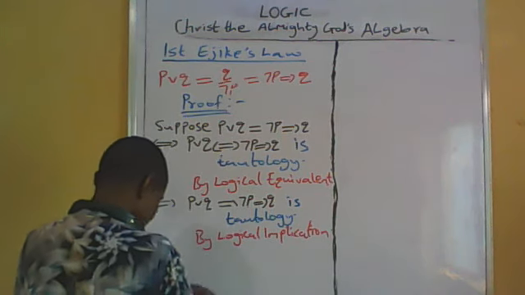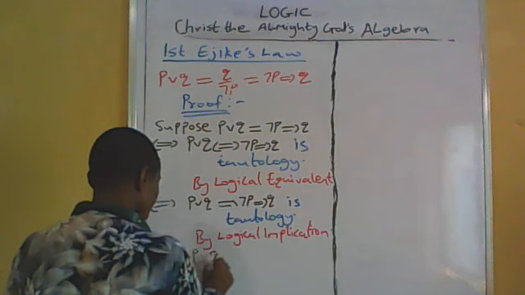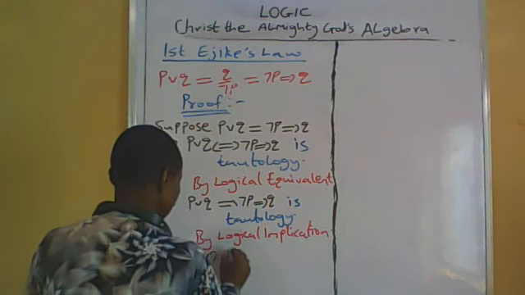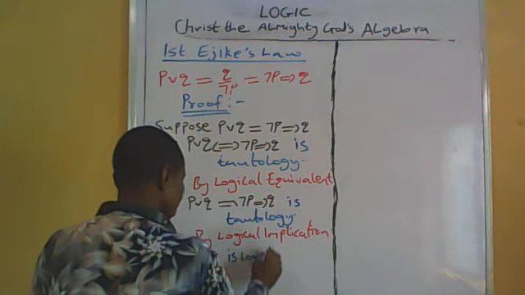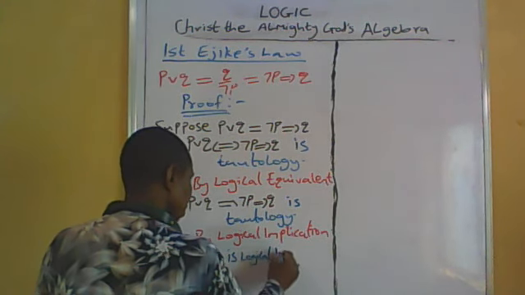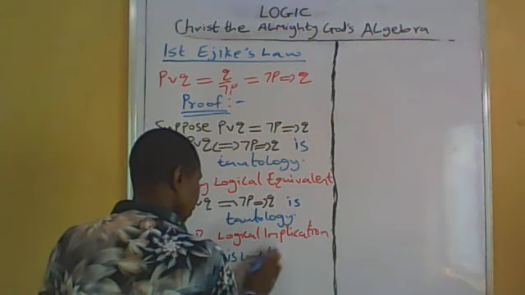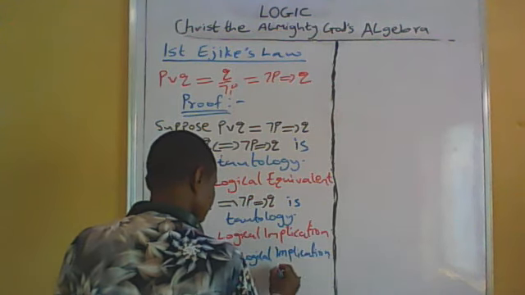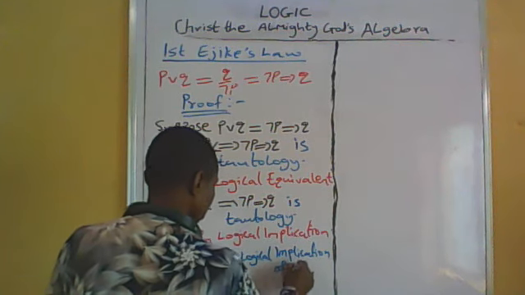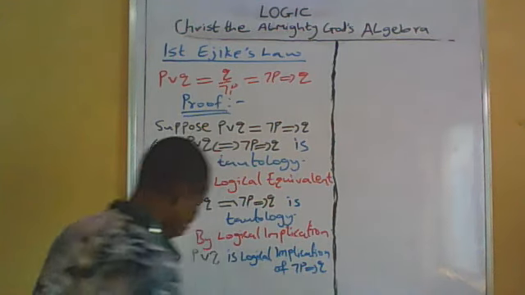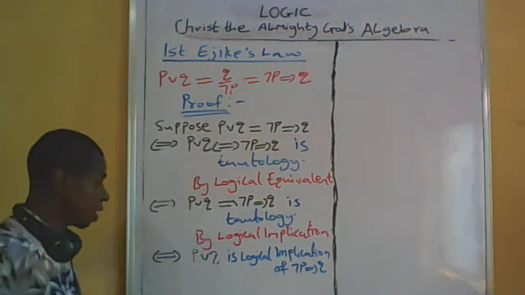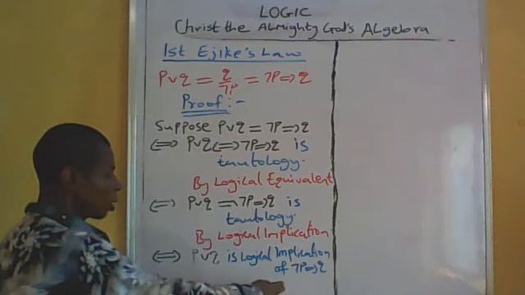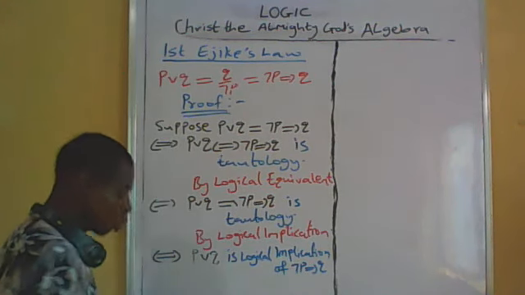So you say that P or Q is logical implication of not P implies Q. Now, P or Q is logical implication of not P implies Q. If this is true, this also must be true.